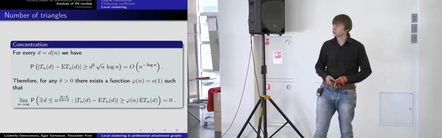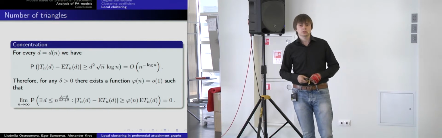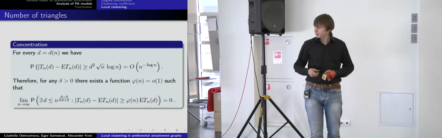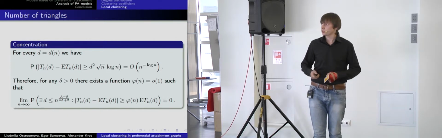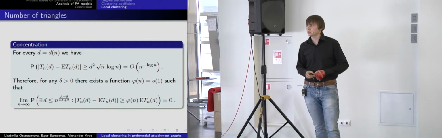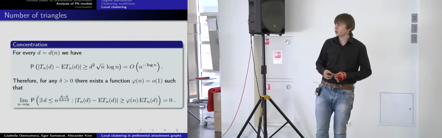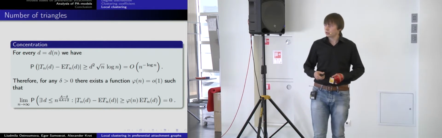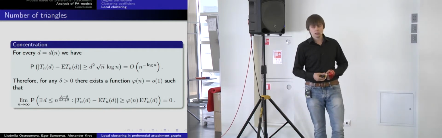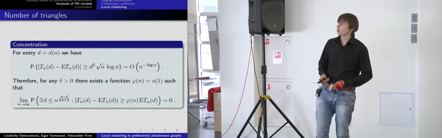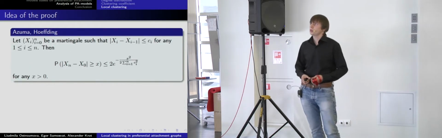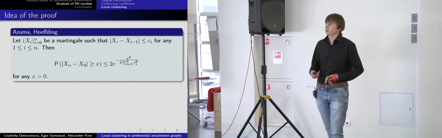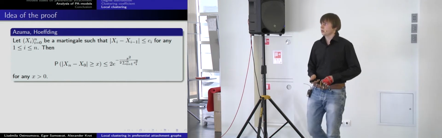So what about concentration? As with the number of vertices of degree d, if d is quite small, the difference between the number of triangles on the vertices of degree d and its expectation is quite small. The idea of the proof is very standard. We can use the Azuma theorem.